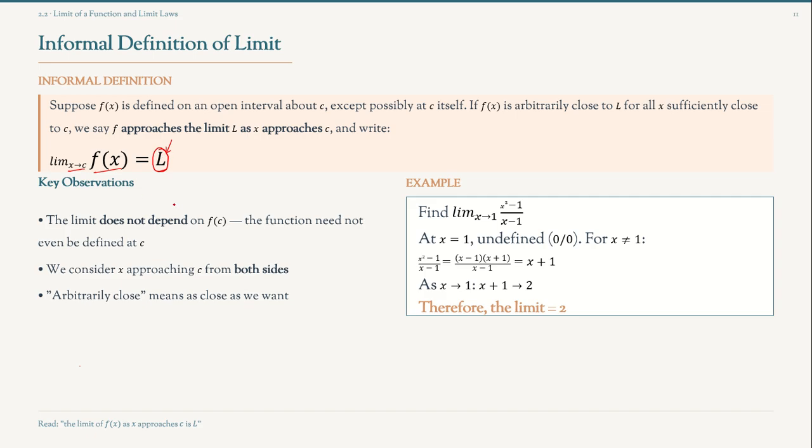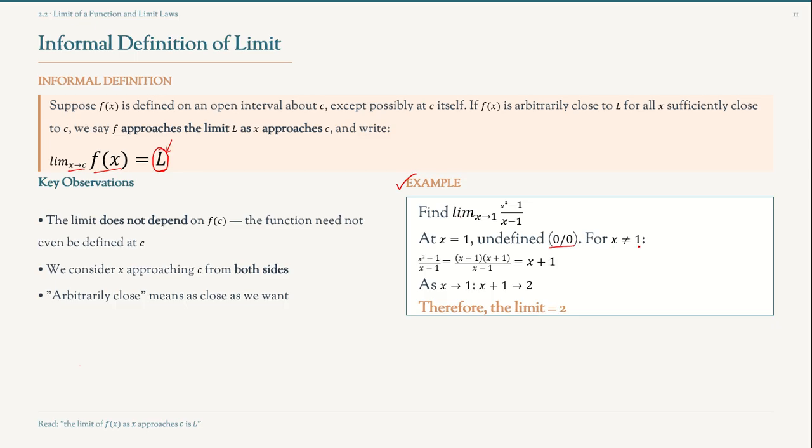So here is an example. Find the limit as x tends to 1 of (x square minus 1) by (x minus 1), as I have discussed. If we replace x directly by 1, then we have the undefined 0 by 0.